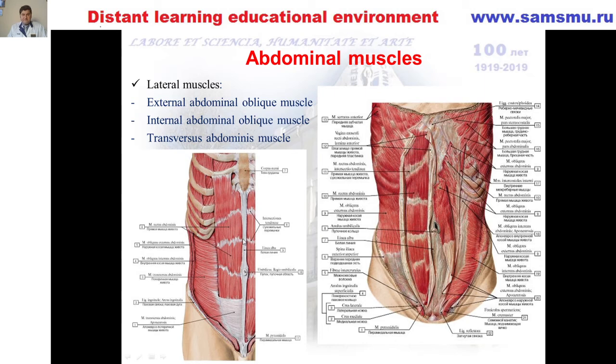You may see on this picture the external oblique muscle, musculus obliquus externus abdominis, the outermost of the three broad abdominal muscles. It arises from the lower eight ribs, each slip on the lateral surface of the thoracic cage.